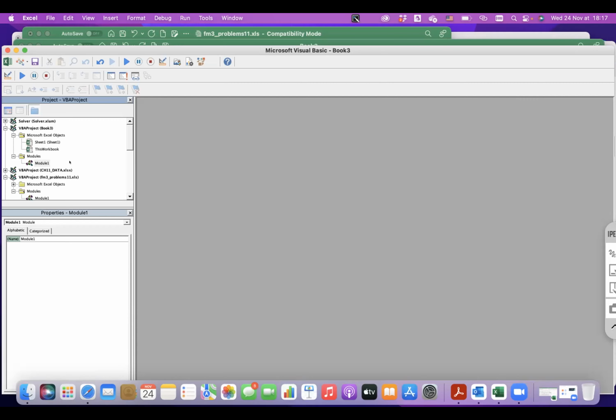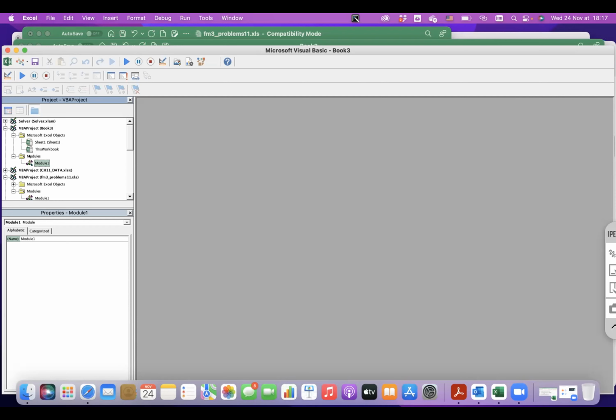If you do so, now you see module 1 will appear here, in this part of the box. Now we have put module 1. Now we have to create a new module.